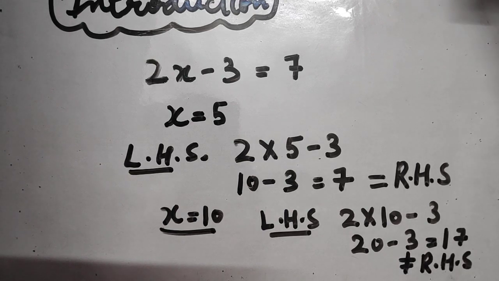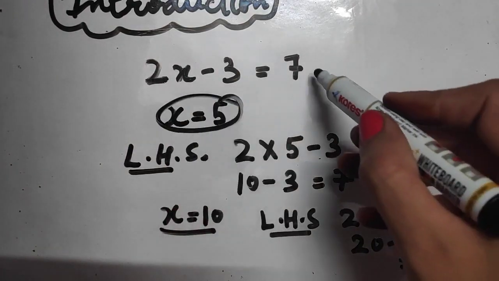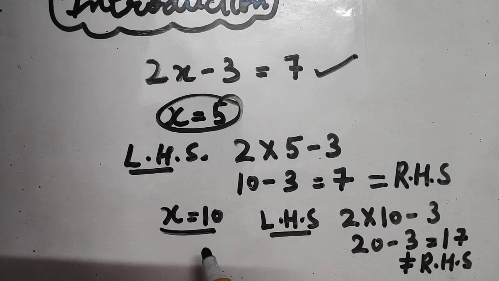So you must have observed that x is equal to 5 is a solution of this equation. When we put x is equal to 10, the left hand side is not equal to the right hand side, so this is not the solution of this equation.